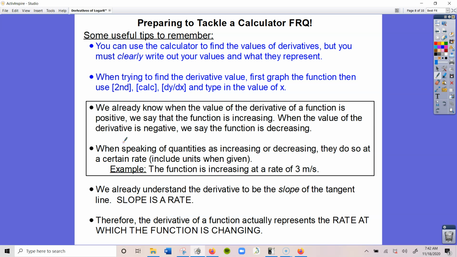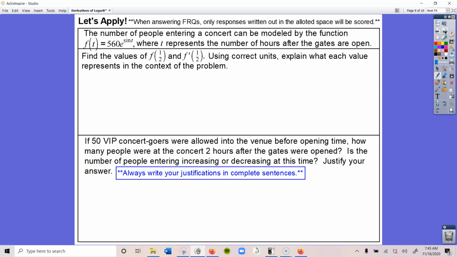So just as a reminder, that slope is a rate. So you must always include the unit of measurement over the unit of time. And what the derivative tells us is the rate at which the function is changing. Okay, so those are some important things to remember when we're answering a calculator FRQ. Now let's go ahead and look at a couple of FRQs.